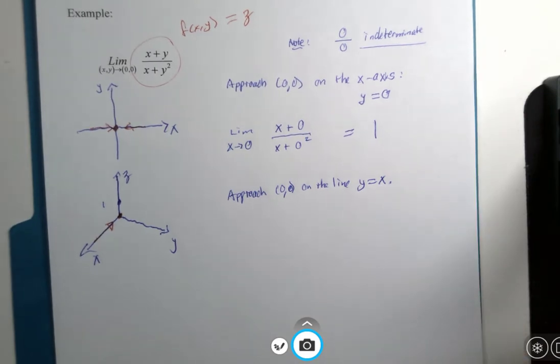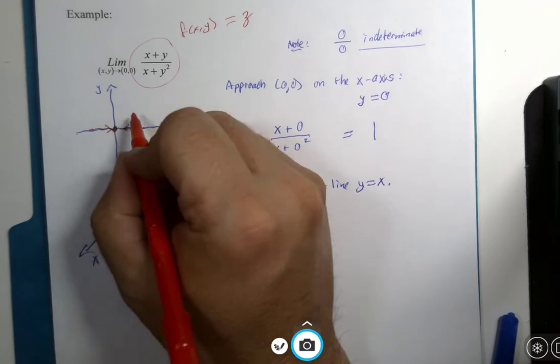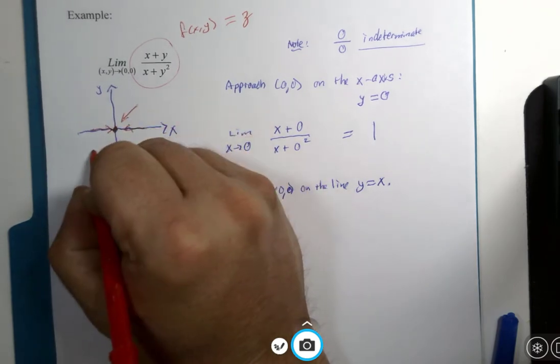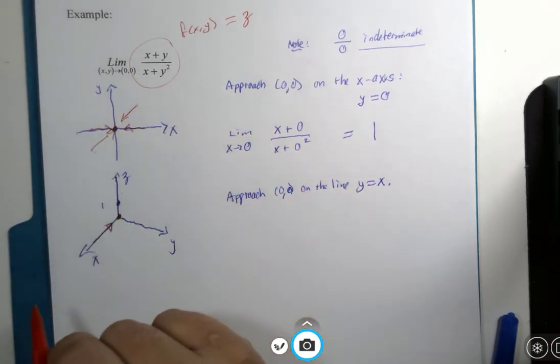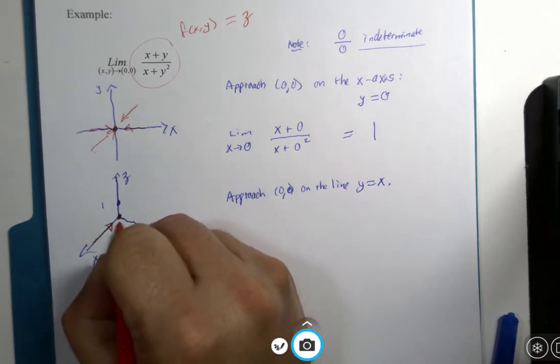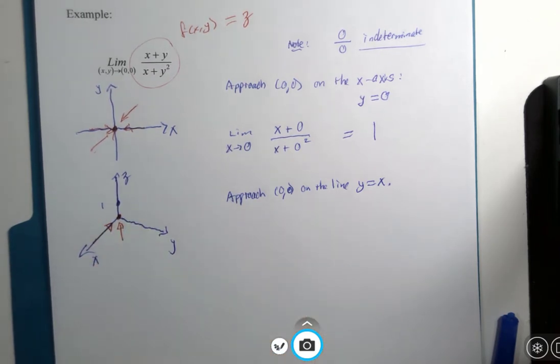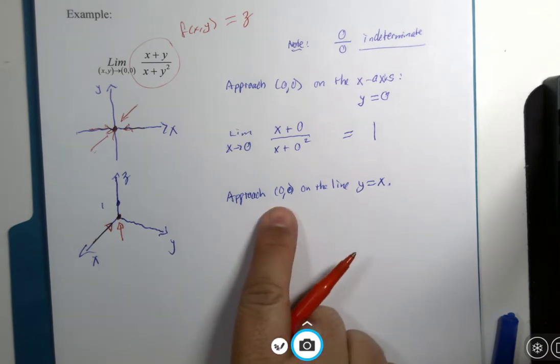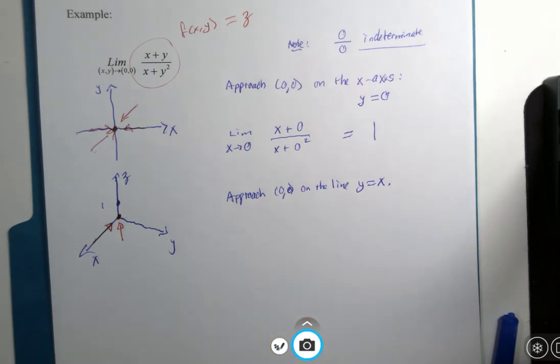That would be in the two-dimensional world. Let's approach from this direction. Y equals x goes to the origin. On this 3D graph, we're going to approach from here. So that's a different direction. We're approaching the origin in the xy world on that line. And let's find out what happens to z.